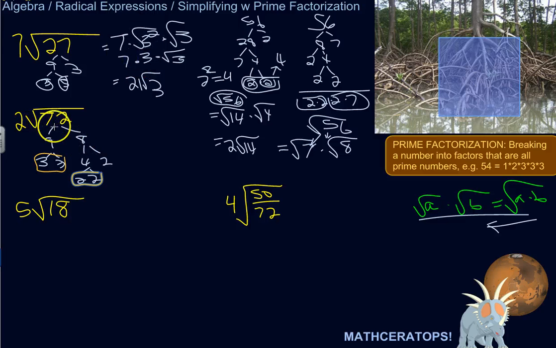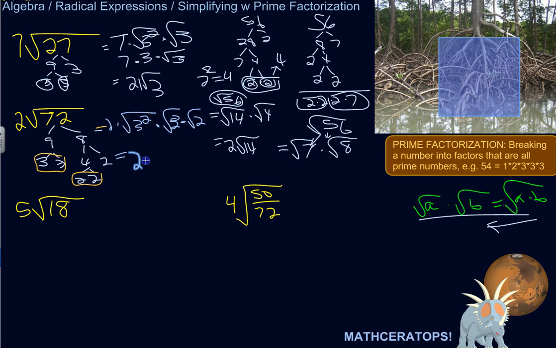Alright, so what we can do is we can say this is equal to 2 times the square root of 3 squared times the square root of 2 squared, and then we had a 2 left over here times the square root of 2.